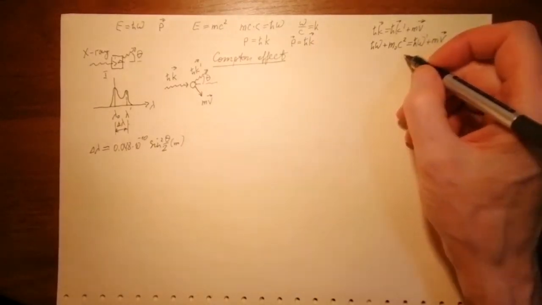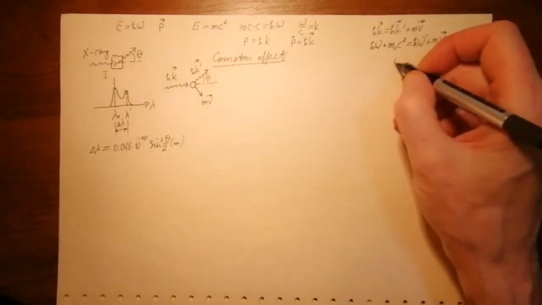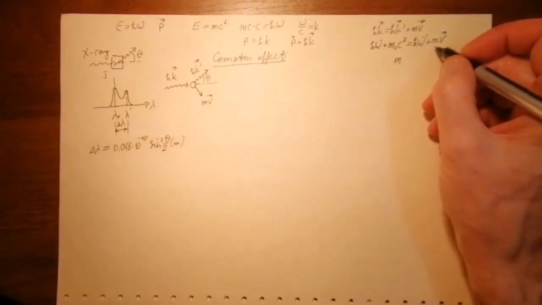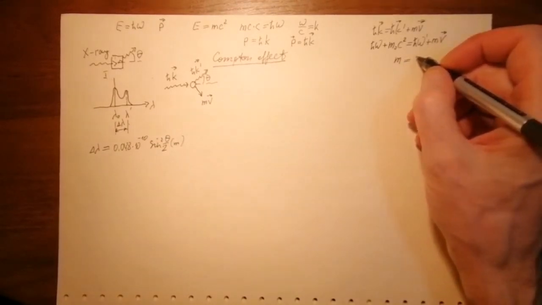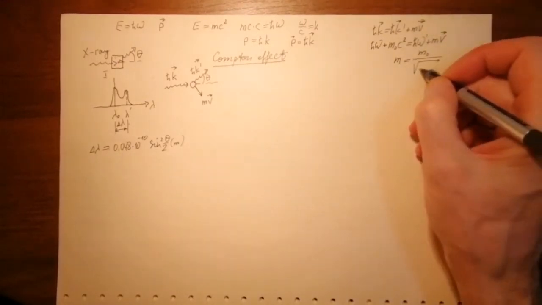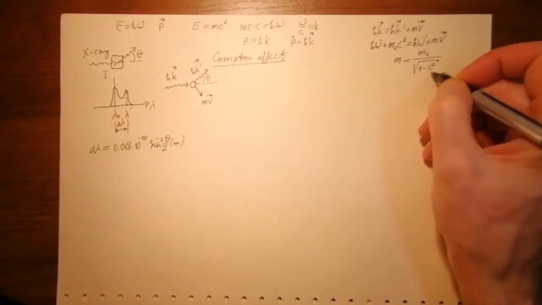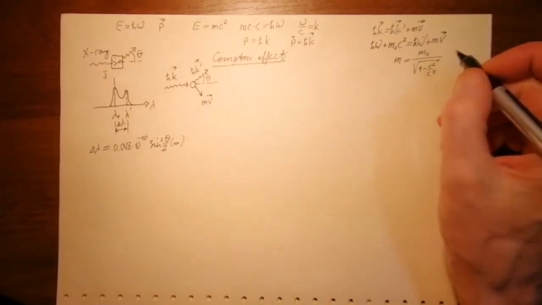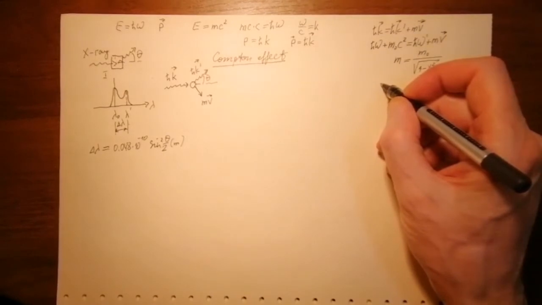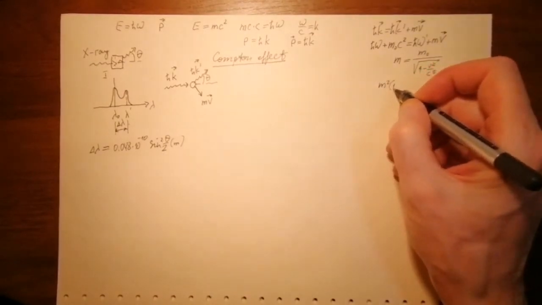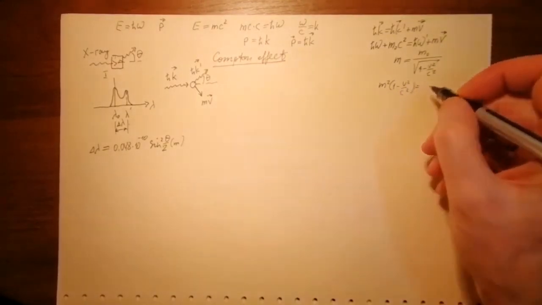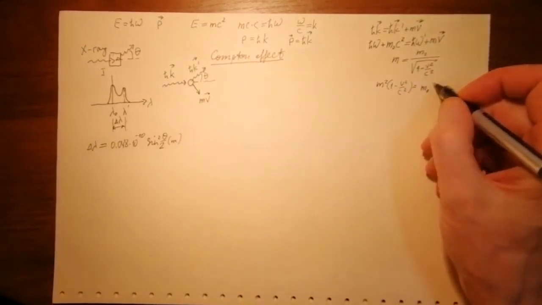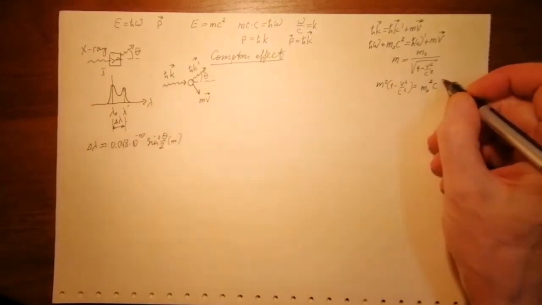From relativity theory, the relativistic mass m is m0 divided by the square root of 1 minus v squared over c squared. Or we can rewrite it as m squared times 1 minus v squared over c squared is equal to m0 squared.